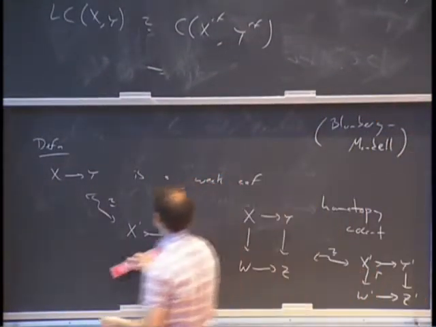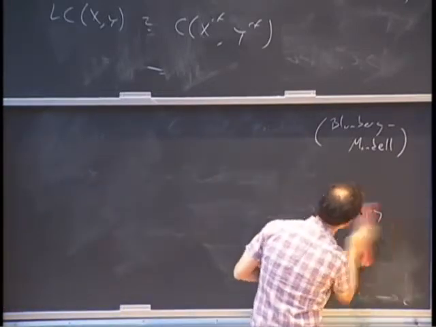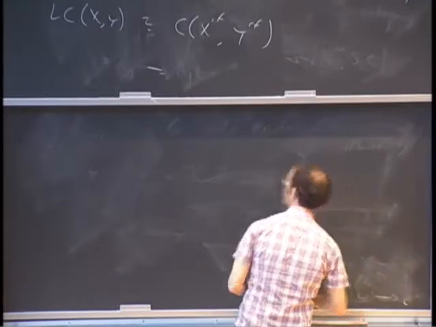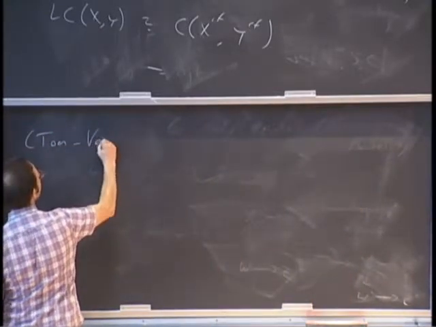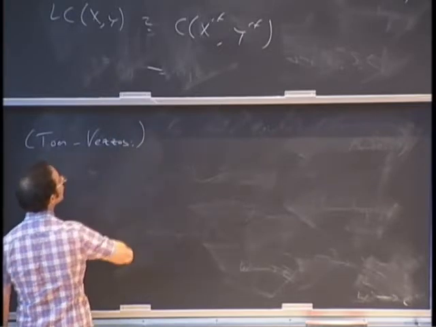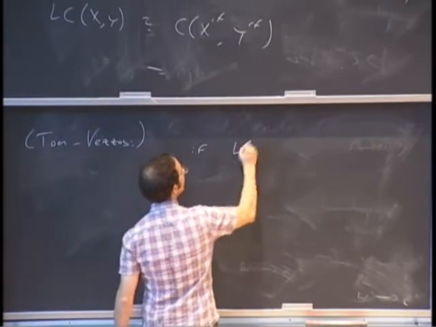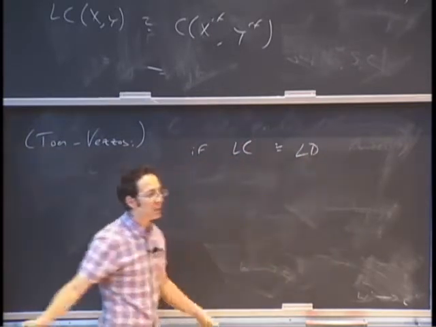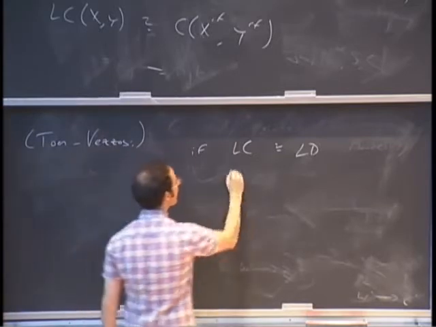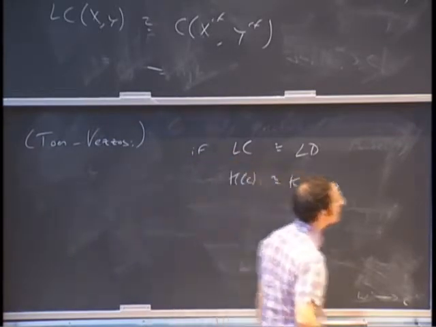And you can ask that question, and in fact, that's also true. So there's a series of interesting work here. So there's work of Cohen and Vizzosi, which says that not only is that true, but if LC and LD are abstractly equivalent, then KC is equivalent to KD.